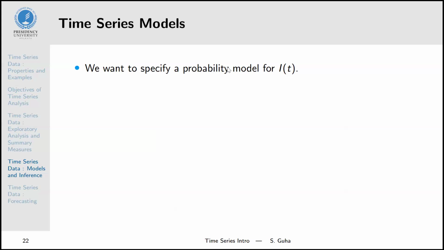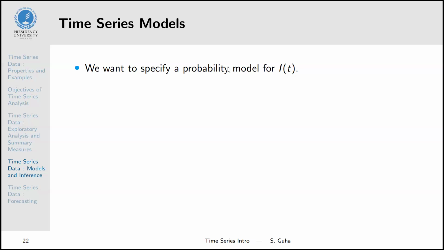So once you are done with the exploratory analysis of the time series, the next step is the modeling of the time series. You will try to specify an appropriate probability model for your data. Note that we are not searching for a probability model directly for the original time series data.